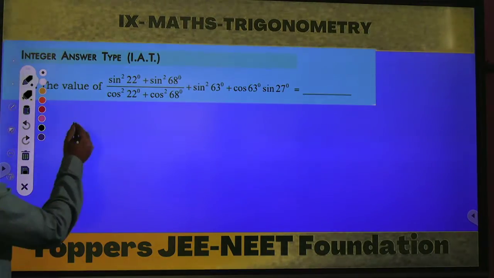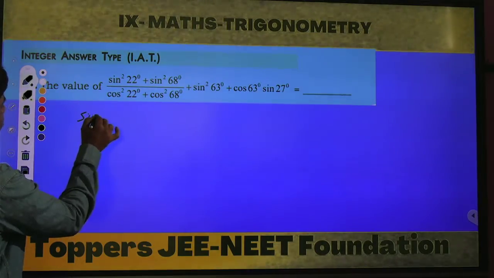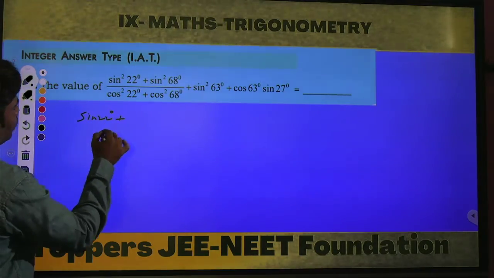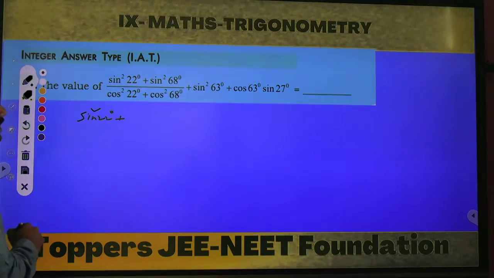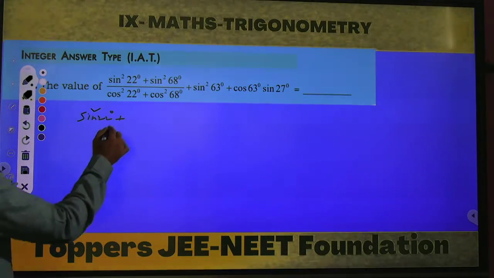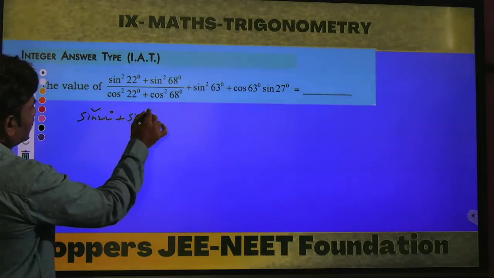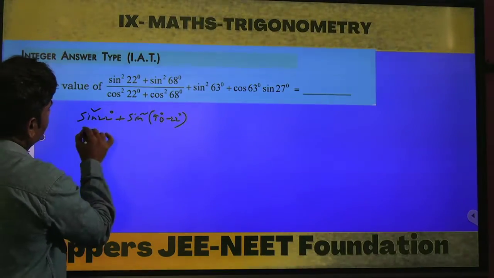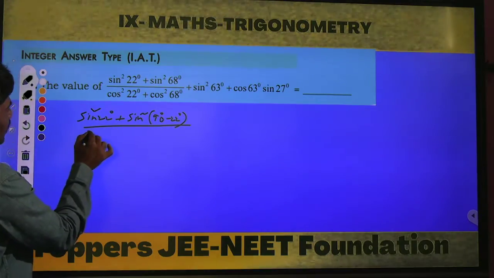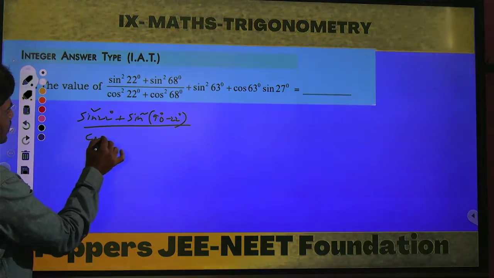Right, let us start. Sin square 22 degrees plus sin square 68 degrees. Sin square 68 degrees can be written as sin square of (90 degrees minus 22 degrees), which is cos square 22 degrees.